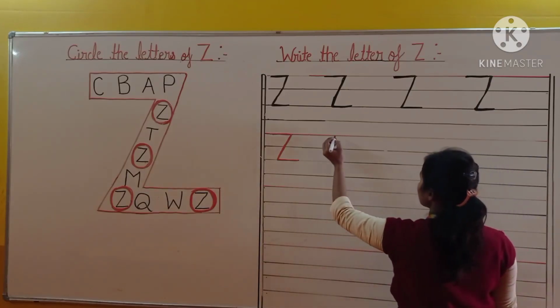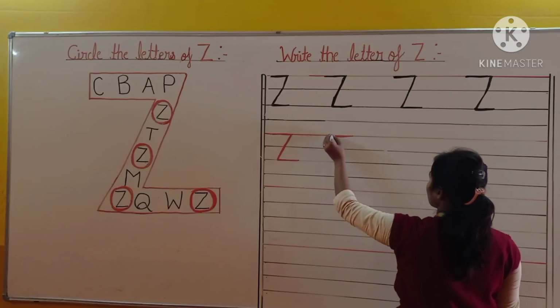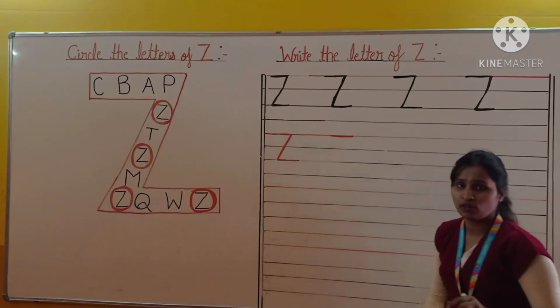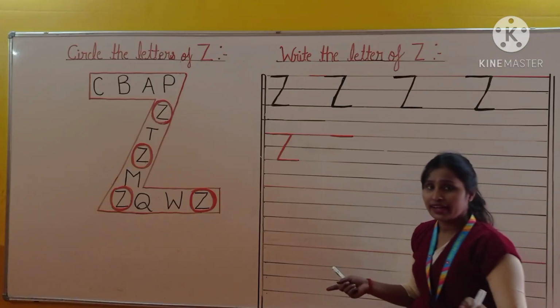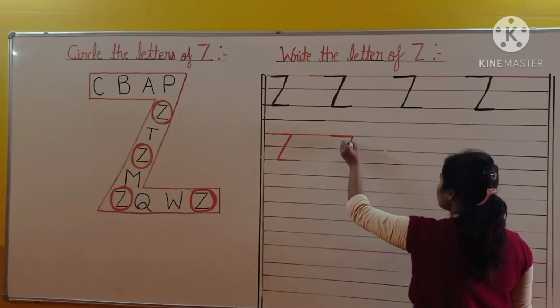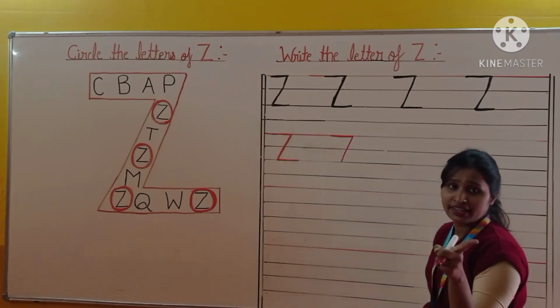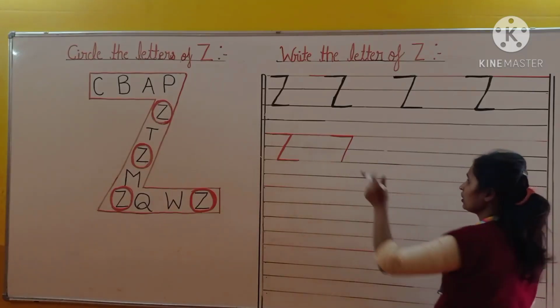Repeat again. Start from the dot, draw a sleeping line. This is a sleeping line. Then draw a slanting line down. This is a slanting line down.